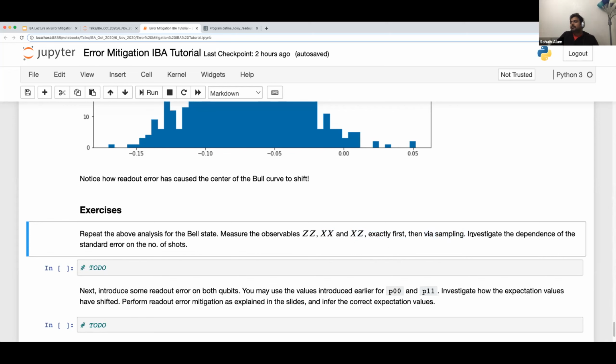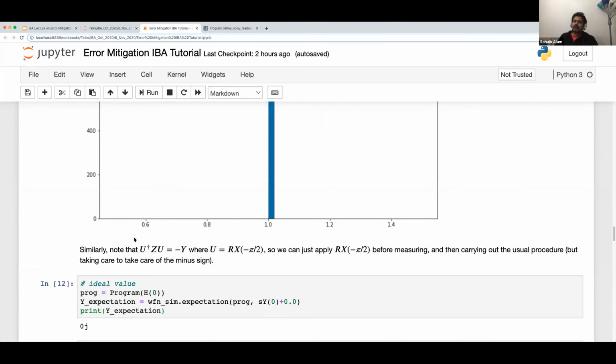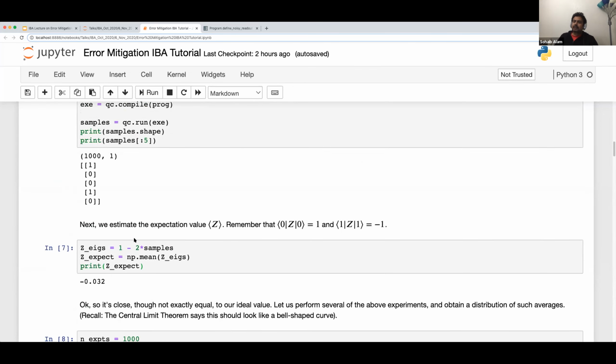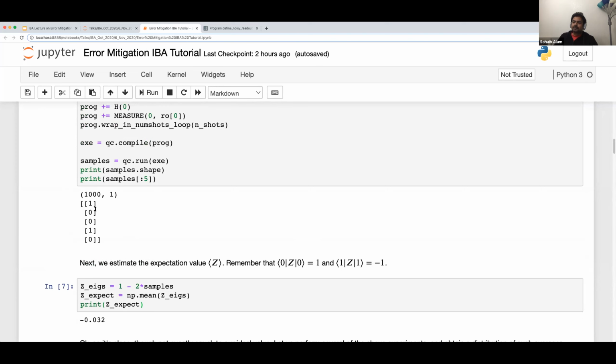And then I would say, investigate the dependence of the standard error on the number of shots. The standard error is fortunately a standard thing that you can just compute in NumPy, right? So if you have an array like this, there's something like a numpy standard error or std_error function, or even a variance.